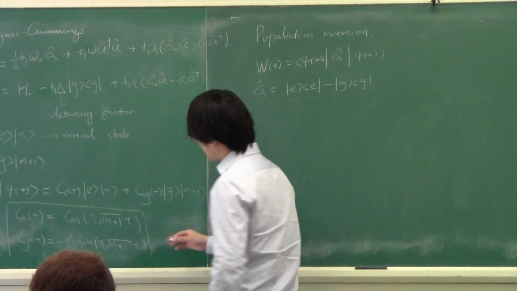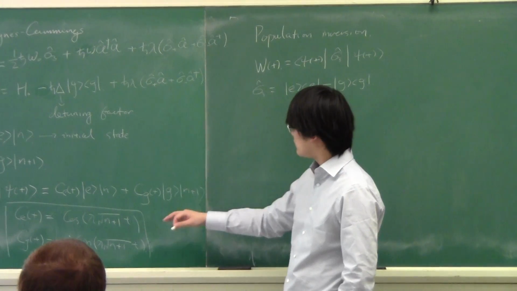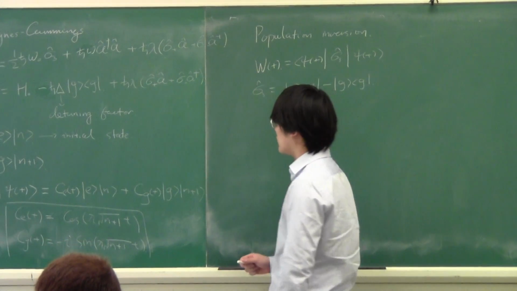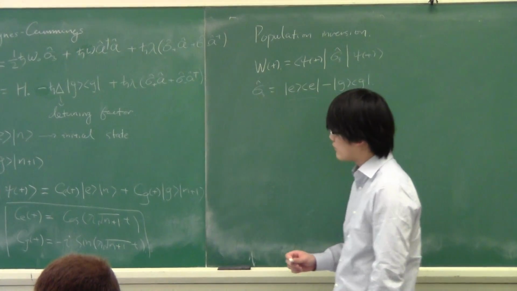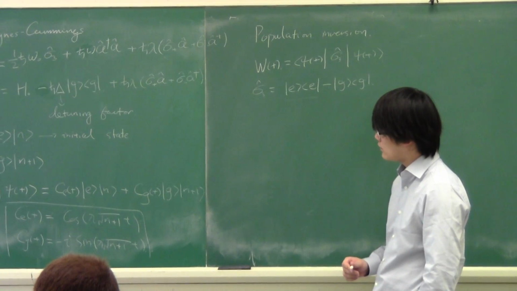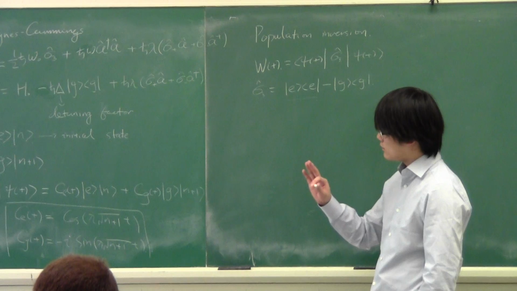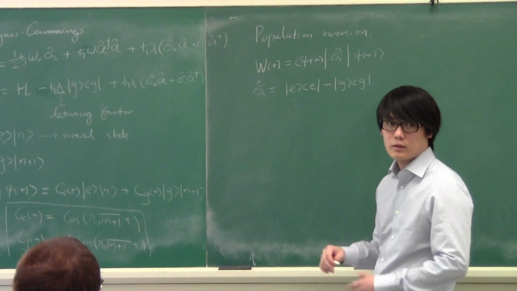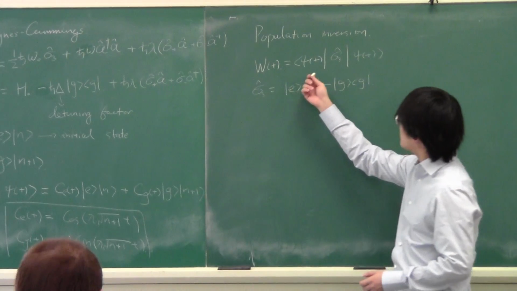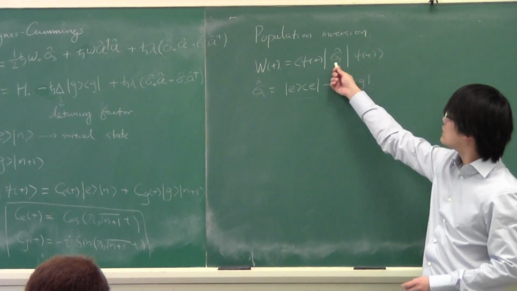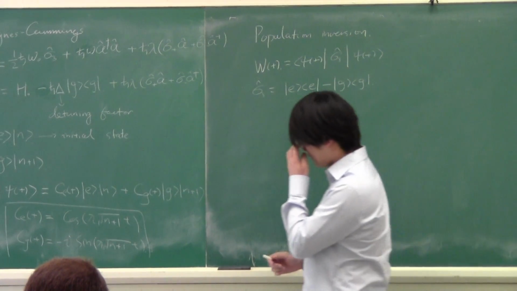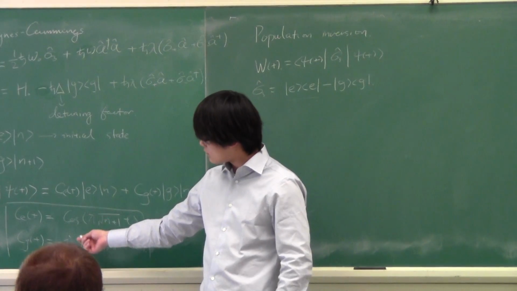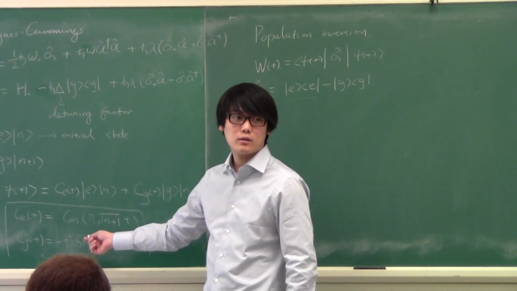So if we were to evaluate the population inversion for this state, obviously, what are you going to get? The e,n and g,n+1 states are orthogonal to each other, and you're only operating with the atomic part. So think about it: you're going to get cosine squared minus sine squared.